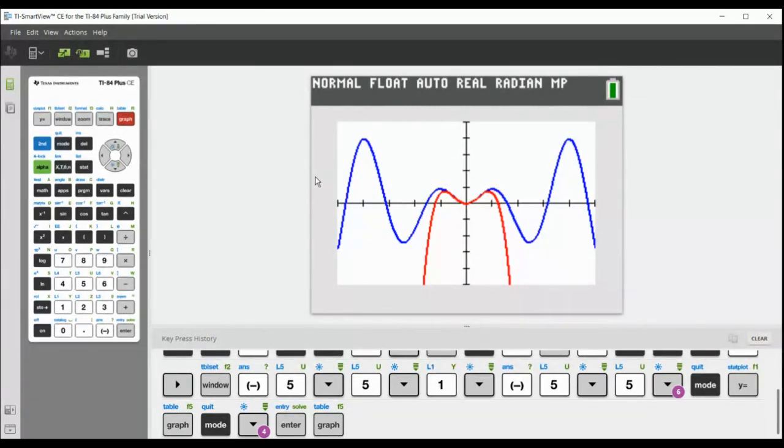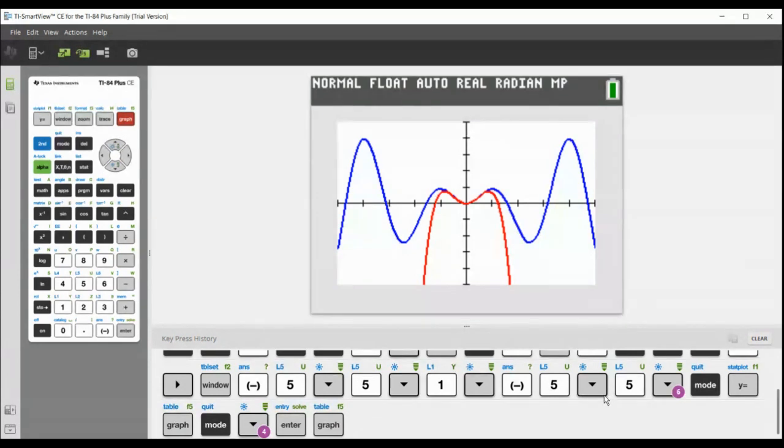Let me ask you, without me even doing a trace or anything, is the red graph here the function x times the sine of 2x, or is the red graph the fourth degree Taylor polynomial?